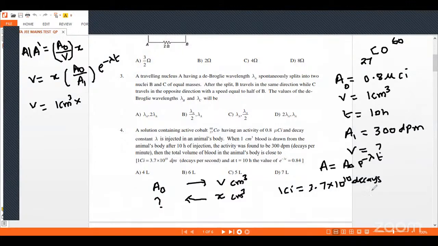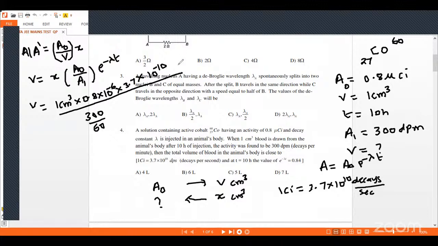Here the activity is 300 decays per minute, so we'll convert it. So 0.8 into 10 power minus 6 into 3.7 into 10 power 10, divided by 300 dpm, so 300 by 60, into e power minus lambda t.